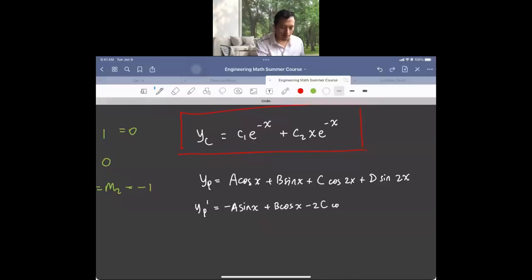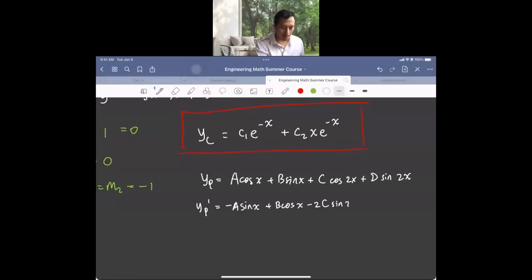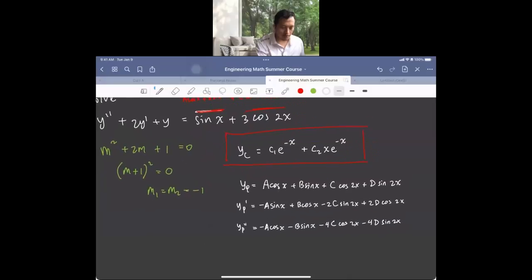And then this will be negative 2c cosine sine, and then plus 2d cosine 2x, and then another one, this will be negative 4 cosine 2x.